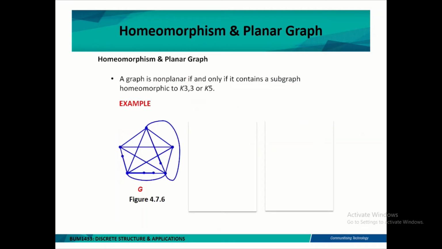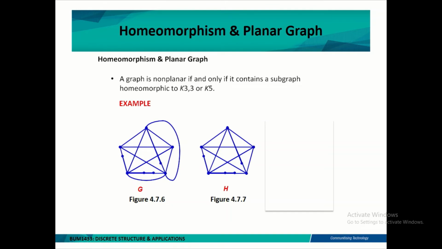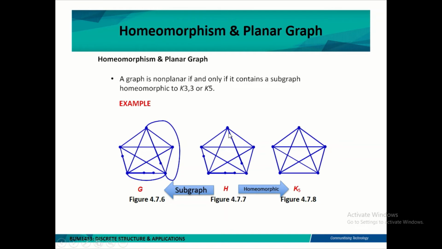We have the given graph G here. We see it has a homomorphic since it has an additional vertex here. So let H be the subgraph of the graph G. And we can see in the graph H here, we have the homomorphic. So H is homomorphic to the K5. Since the shape is K5, we can see clearly the shape of the K5 here.